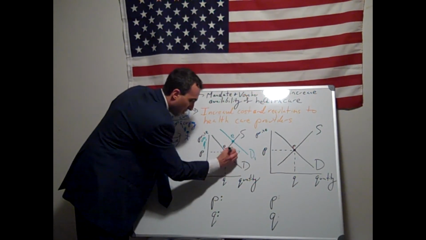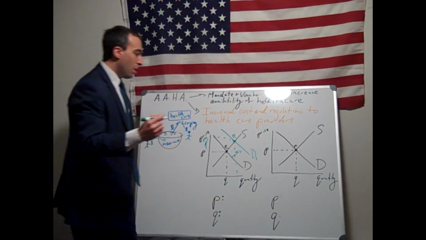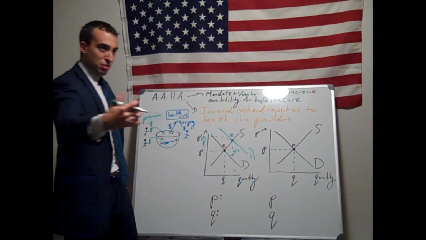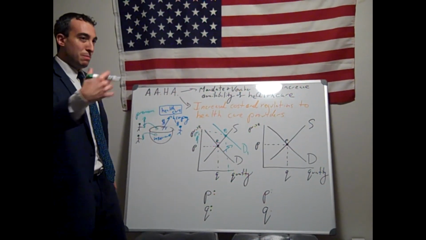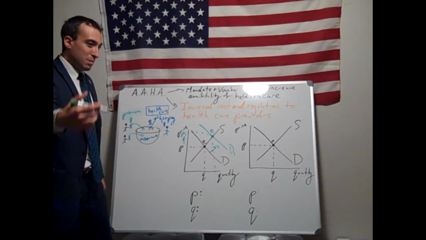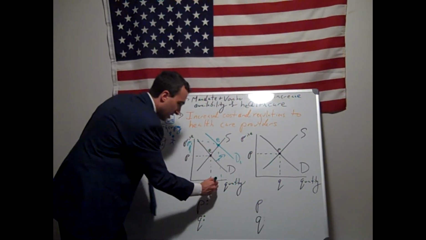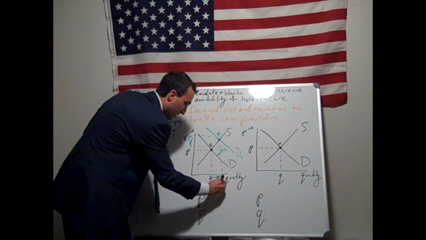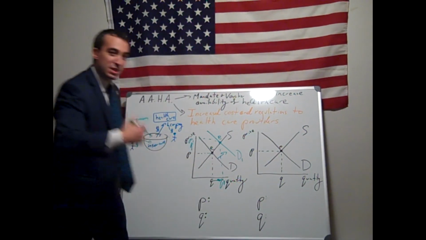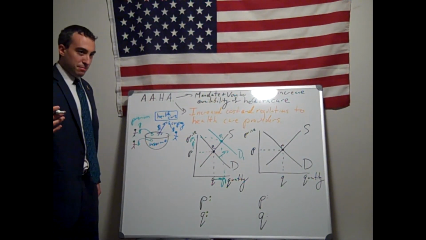And as we said before, people have now more access to it and are more able and more willing to pay. So price will increase as we're more willing and more able to pay for something. And as price increases, this is also going to increase the quantity supplied by the healthcare industry.